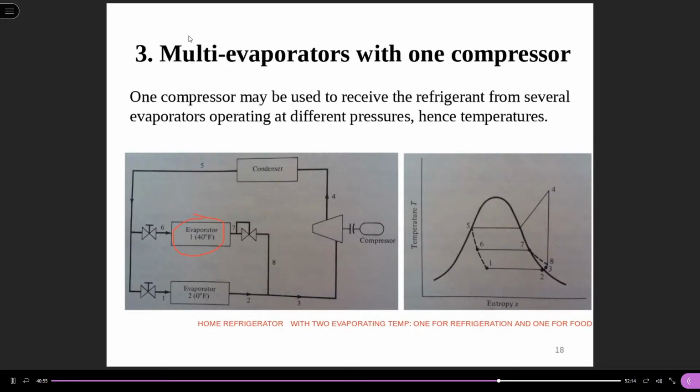Usually for the compartment the temperature can be 2 to 4 degrees, for food storage, to keep the food fresh. However, we also need to freeze our food, for storage of frozen food. Then we have the other evaporator.